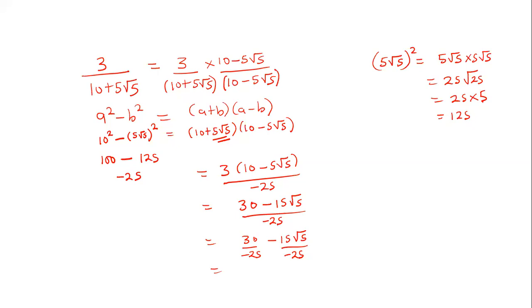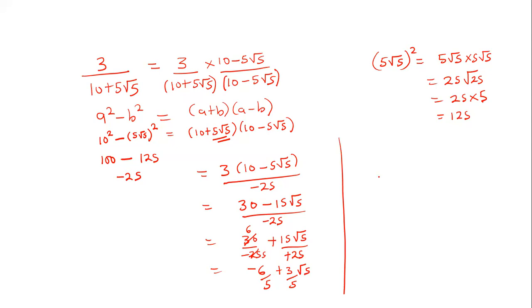Now you can reduce: 30 and 25 both divide by 5, this is 6 and this is 5, so you have negative 6 out of 5. Then this negative and this one cancel. 15 and 25 give 3 out of 5 root of 5.